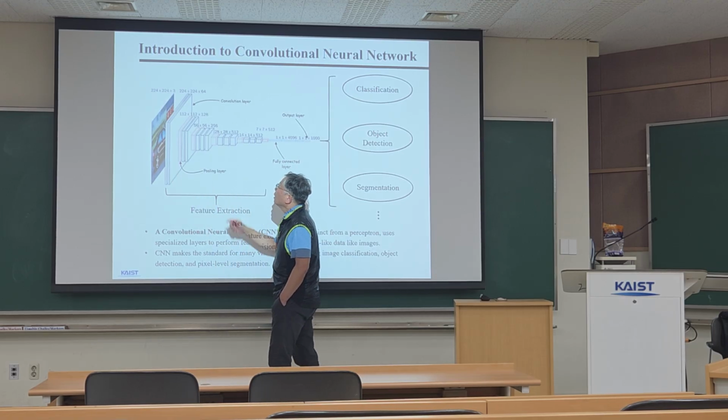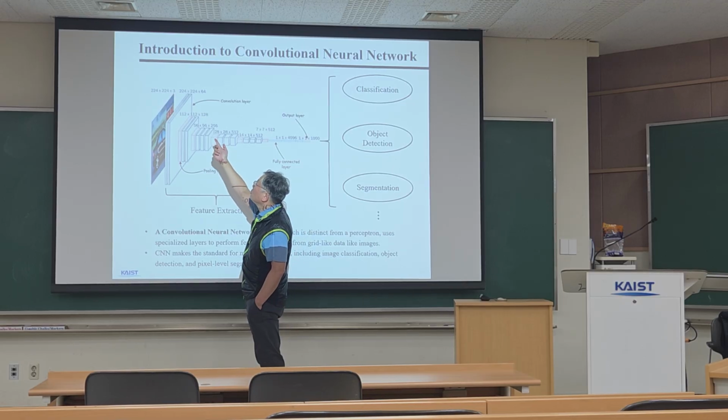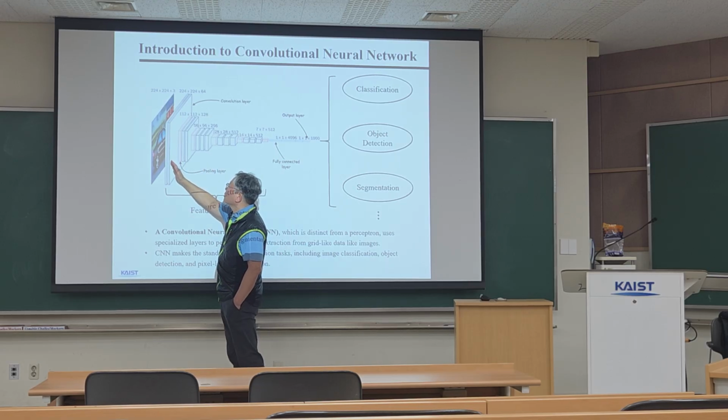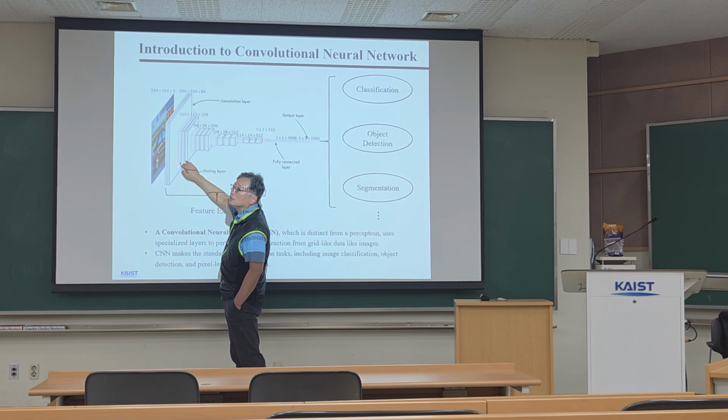Okay, so it's shown here, 224 by 224 times 64. 64 means there are 64 filters. And that has been pooled, so the dimension has been reduced to a half.